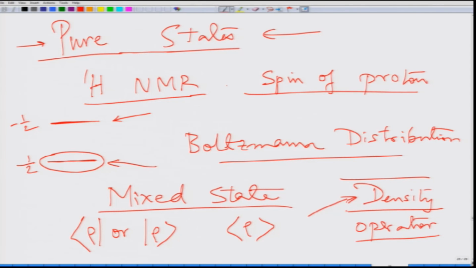So, the density operator is something which you apply and you give rise to a result that you are looking for, which can have a density matrix as a solution.